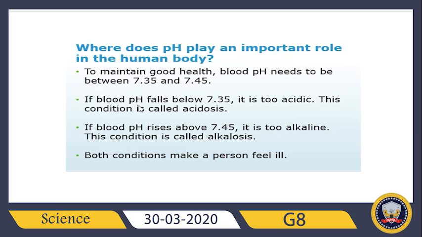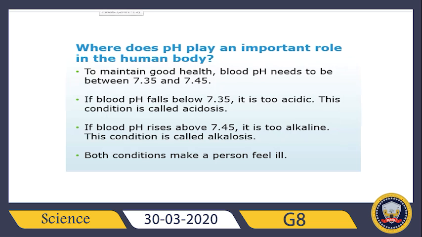So if blood pH falls below 7.35, it's too acidic, and this condition is called acidosis, while if blood pH rises above the normal value, which is 7.45, it's too alkaline, and here medically this condition is called alkalosis. Okay, so both conditions will make a person feel ill. So for a healthy body, the pH level should be within this range, which is 7.35 to 7.45.